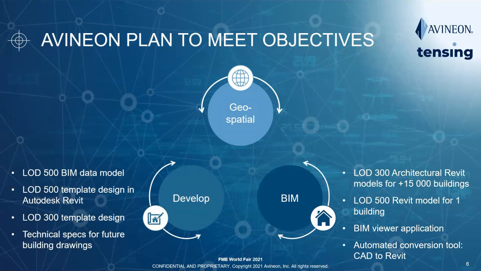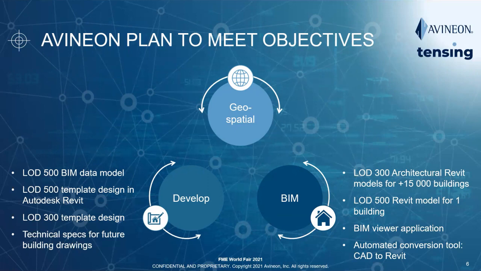And also we implemented ArcGIS enterprise-based BIM viewer application. We designed, developed, and implemented that, as well as a customized tool for automating the conversion from CAD templates, or the CAD templates that we developed, to Revit, and then a validator tool for the quality control validation on all the submitted CAD files.